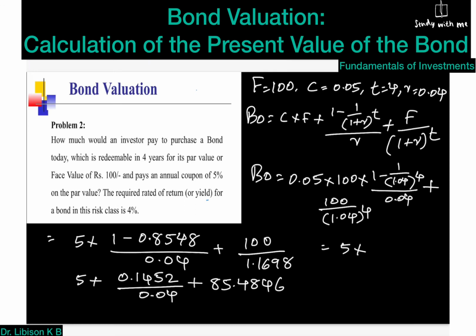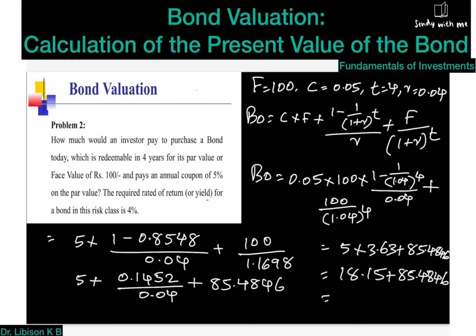Is equal to 5 multiplied by 3.63 plus 85.4846, so it comes to 18.15 plus 85.4846.